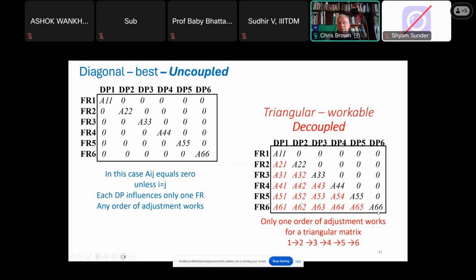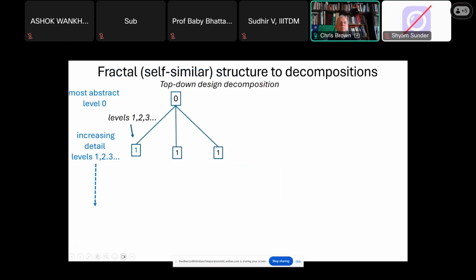And so on until I get to DP6, which only influences FR6. So I've got one order of adjustment here, but here any order of adjustment would work. Here, if I use different orders of adjustment, I may take an FR out of tolerance that I already got in tolerance, so I have non-productive iterations, and depending upon what my adjustment strategy is, it might not even converge.